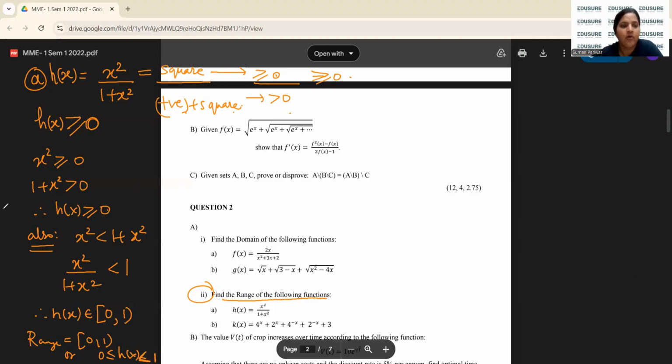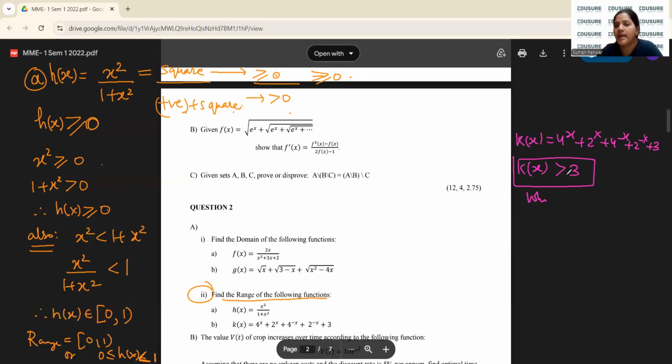Okay. Now, let us look at part B. We have to find the range of k(x), where k(x) is 4^x + 2^x + 4^(-x) + 2^(-x) + 3. Note one thing: k(x) will always be greater than 3. Why?